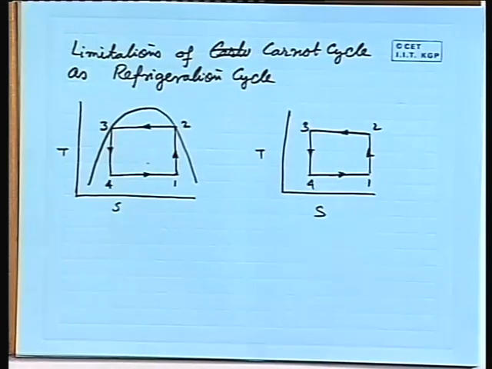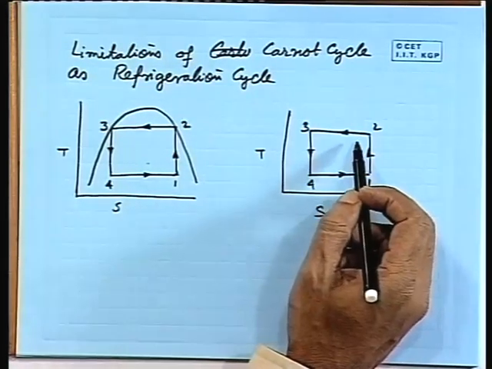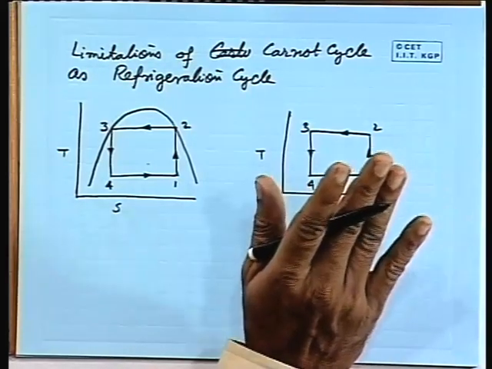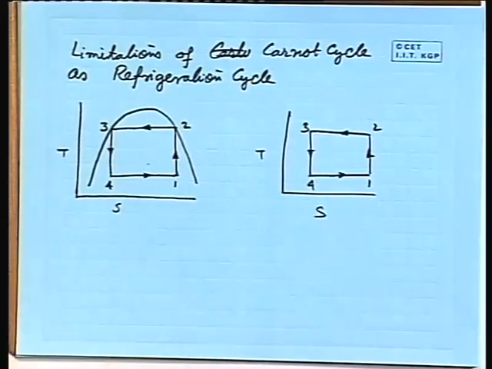Here there is no concept of condenser, because here we are taking gas only. But to create some sort of reasonable refrigeration effect, we have to spend a lot of energy.